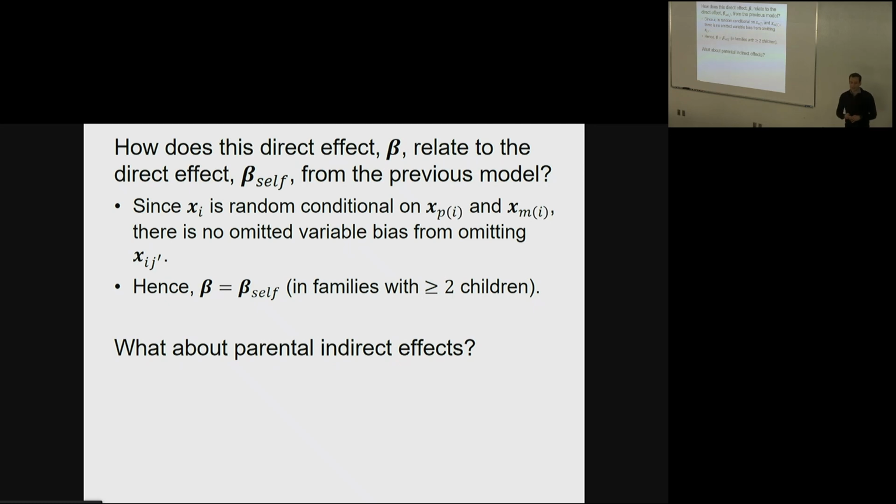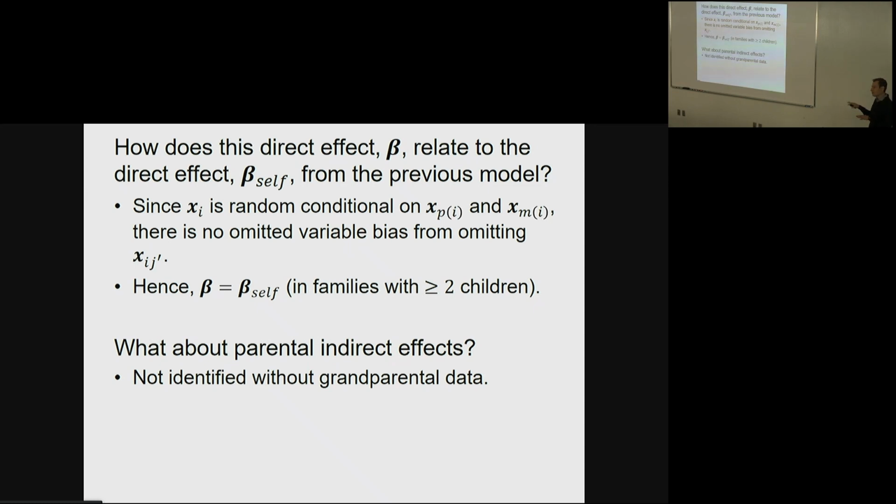What about parental indirect effects? I haven't mentioned those, and the reason is that they are not identified. When we run regressions that include the parental genotypes, we have the random assignment of the child's genotype conditional on the parents, but we don't have random assignment of the parents' genotypes.